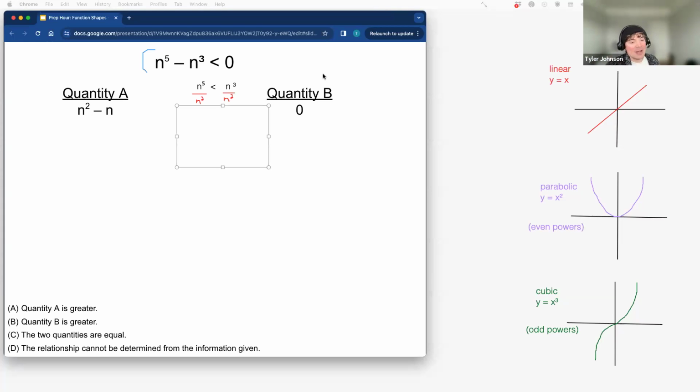N could be negative, and if I were to divide by a negative, that's going to flip that inequality symbol around, and I don't want to do that. But n squared, squares are guaranteed to be positive here. So if I divide that square out, then I get this form, that n cubed is smaller than n.